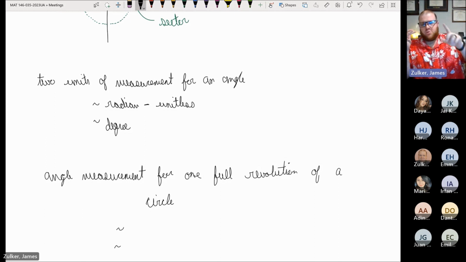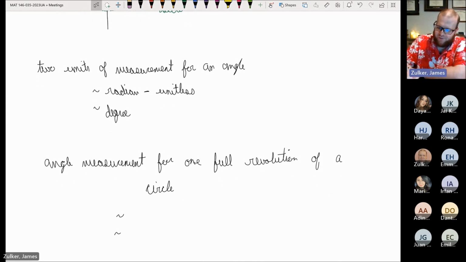We do 1 full revolution of a circle. What's the angle measurement? All right, so 360 degrees.